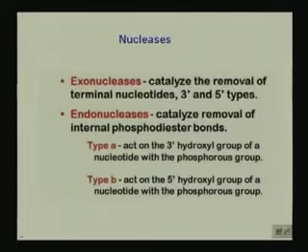You can cleave at the 3 prime position or you can cleave at the 5 prime position. If you act on the 3 prime hydroxyl group of a nucleotide, it is type A. If it acts on the 5 prime hydroxyl group, it is type B. Okay? So, the two types of nucleases are exonucleases and endonucleases.